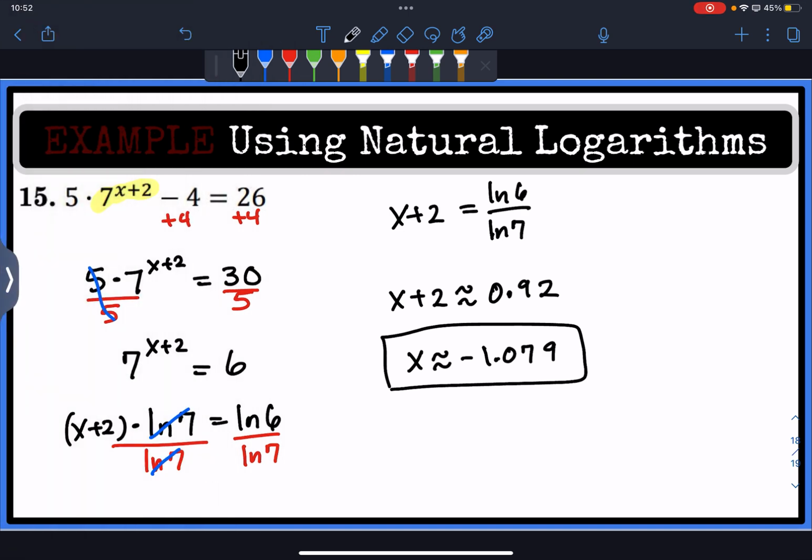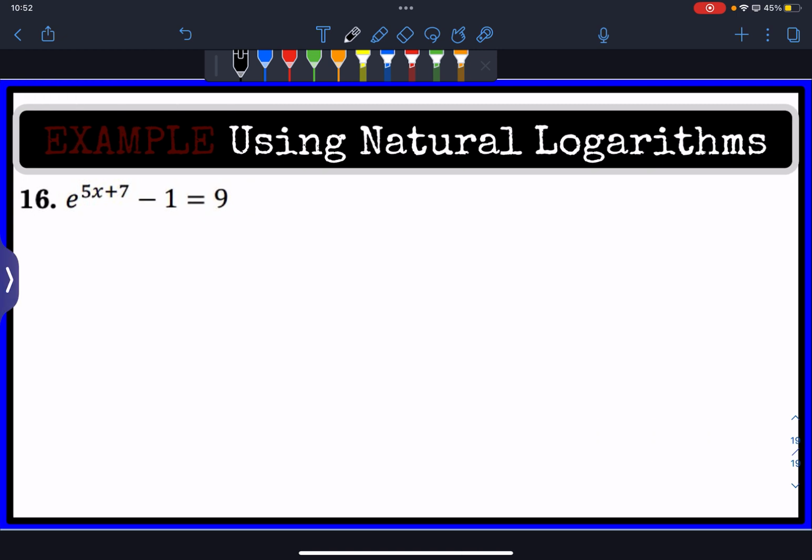Let's look at just one more example. So here another natural base. Here's our exponential expression, and we're subtracting 1, so let's add 1 to both sides.